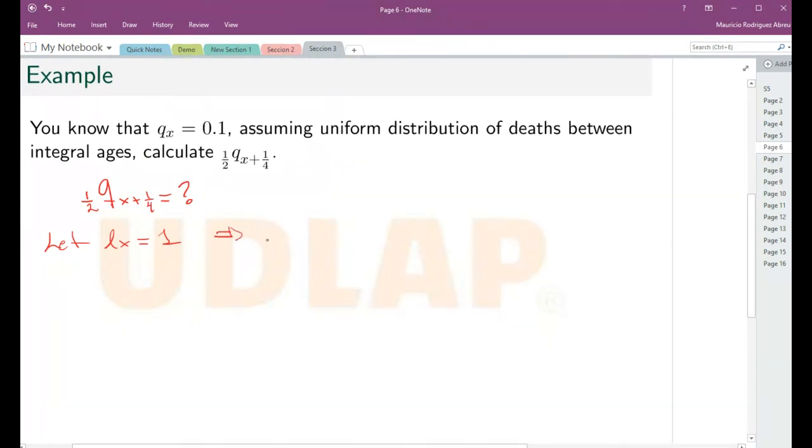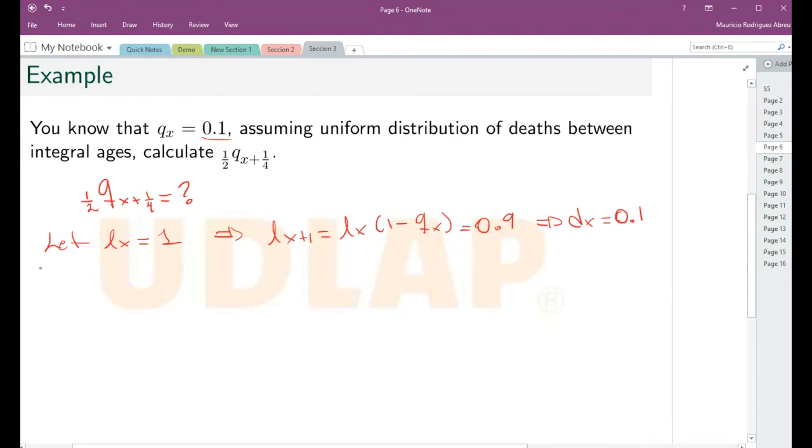This means that Lx plus 1 is Lx times 1 minus this probability, which is 0.1, so this would be 0.9. If I am assuming that Lx is 1 and Lx plus 1 is 0.9, this means that the number of people dying is 0.1. Okay? So this is the long way to estimate this thing.